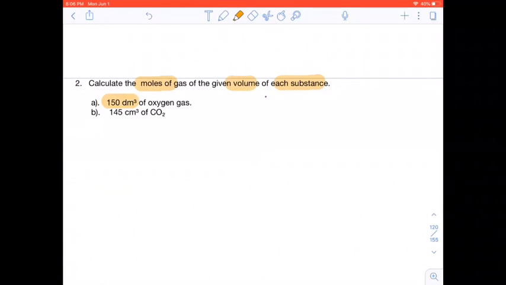So n is equal to V upon Vm, right? I would have added here at STP.